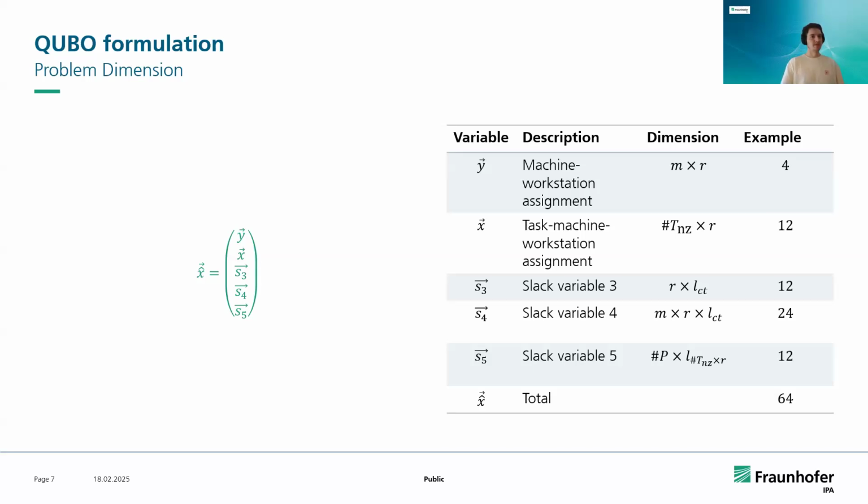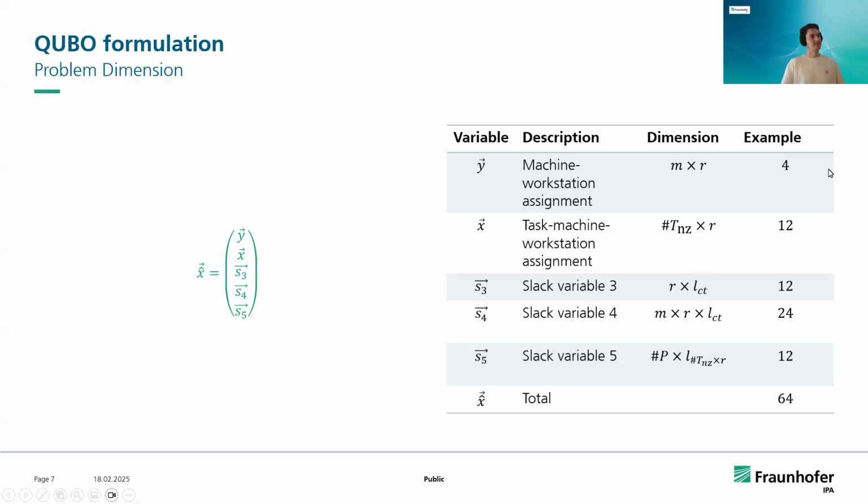In the linear program, we only have the machine workstation assignments Y and the task machine workstation assignments X. But we need to introduce 3 slack variables for constraints 3 through 5.